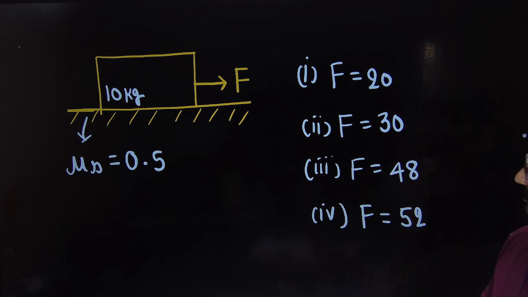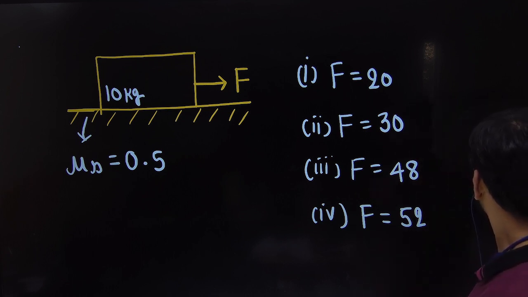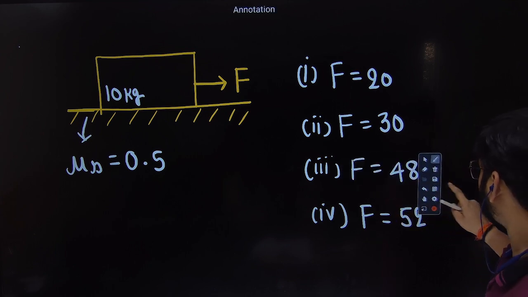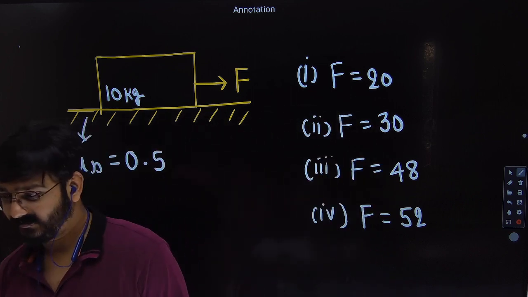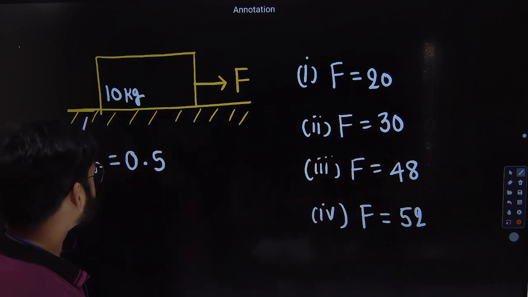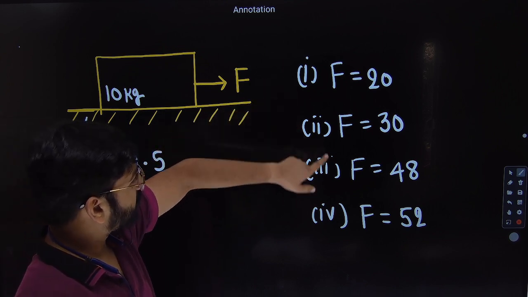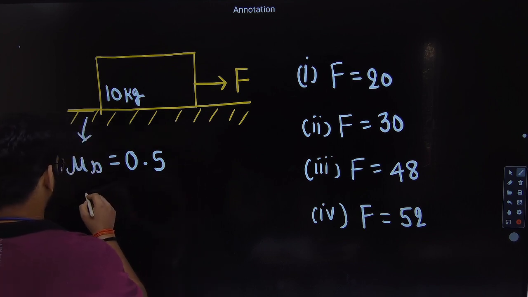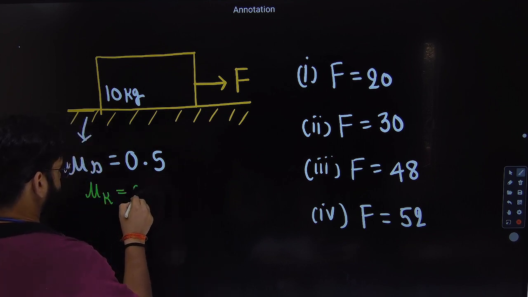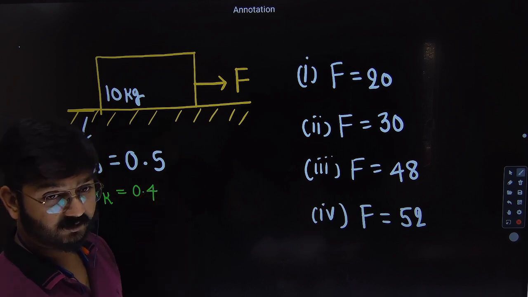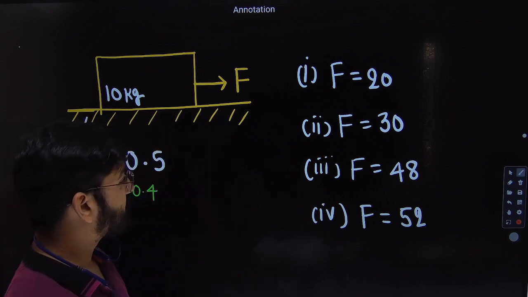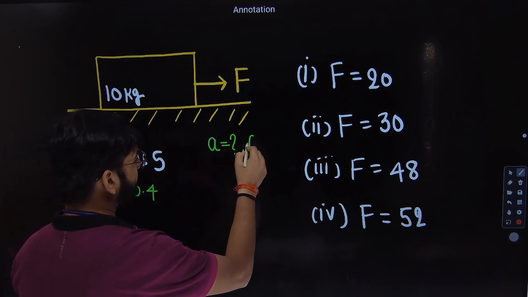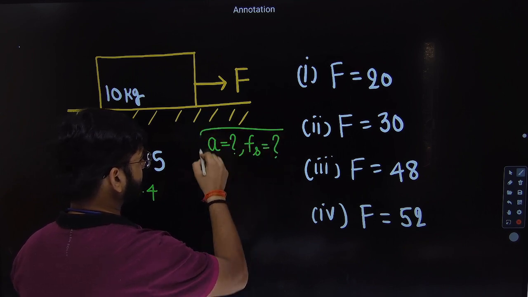Okay. All of you see here. Draw the diagram quickly. It's a simple question. Just quickly discuss it. So there are four values of F. You need to calculate the acceleration and static friction in each case.